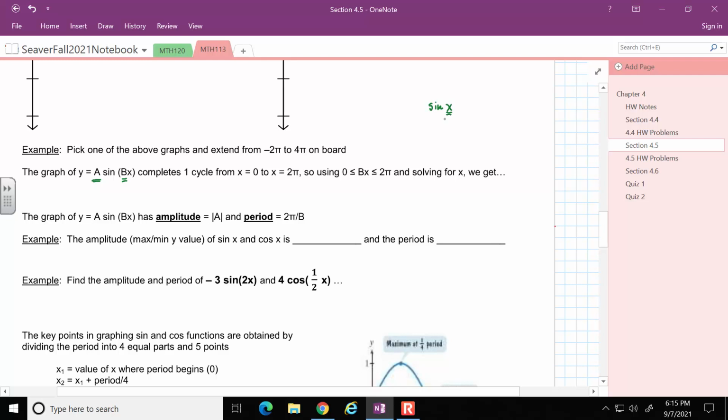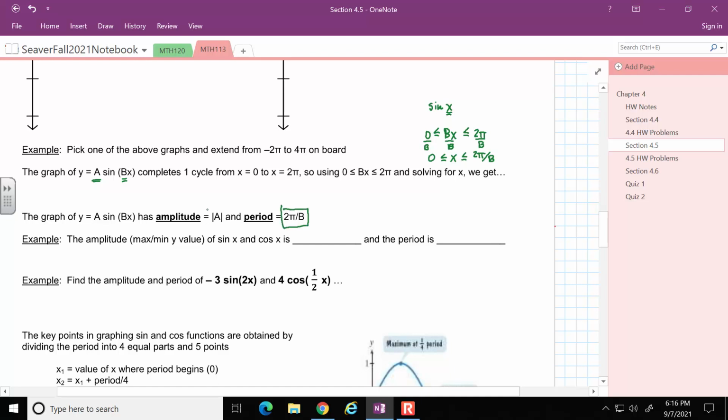If I divide everything through by b, this one goes to 0 still, less than or equal to x, less than or equal to 2 pi over b. So our period is represented as 2 pi over b.